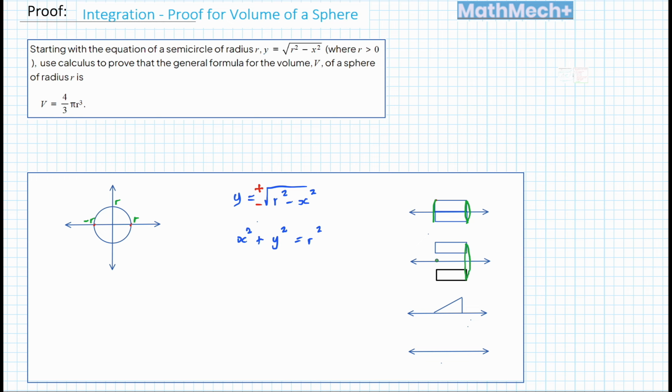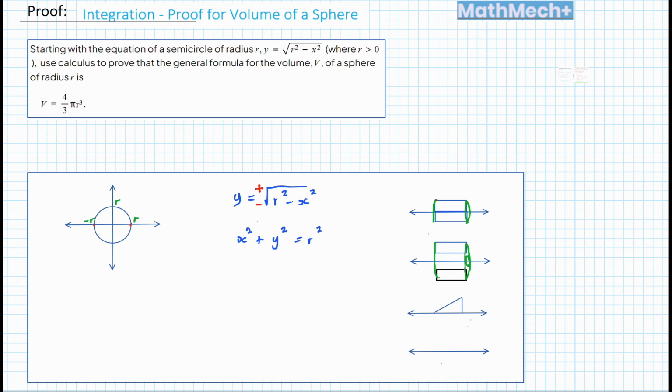We have a cylinder, but it has a hole in the center. So that would be like a washer. So for instance, you'd find the volume and take it away from the volume of the hole, let's say. And that's the idea, if you see that kind of picture or diagram.